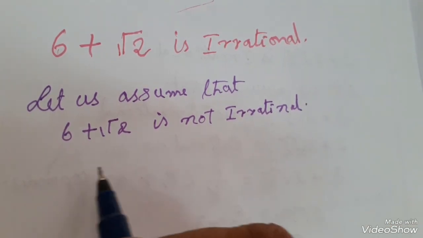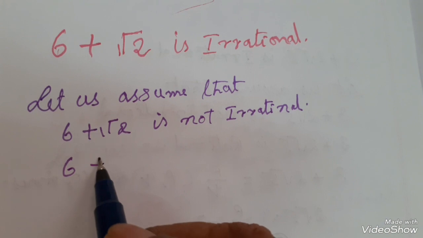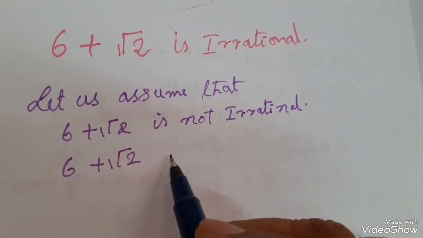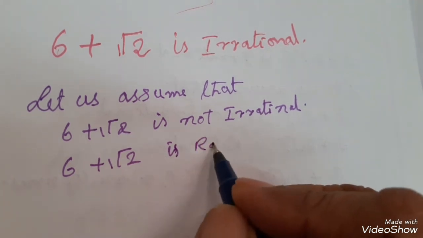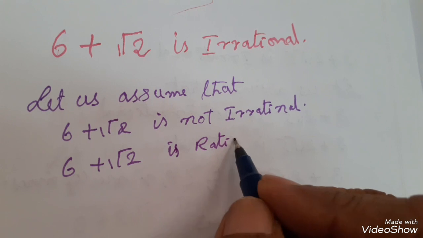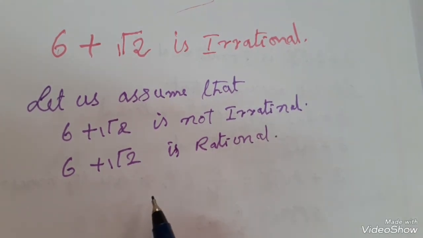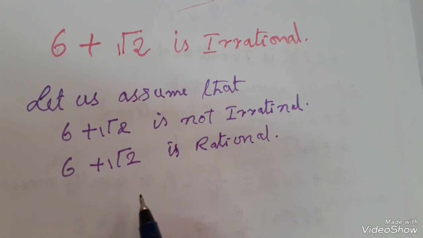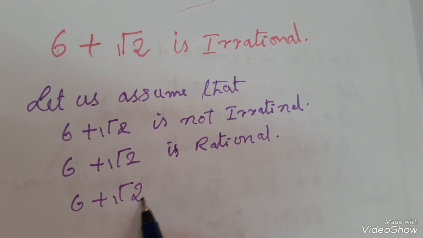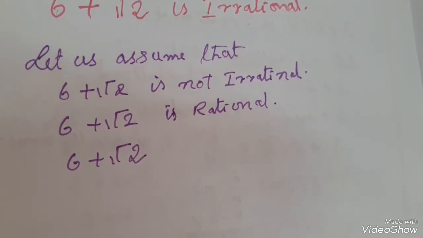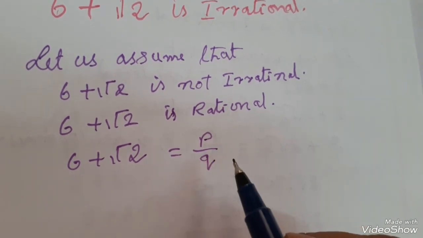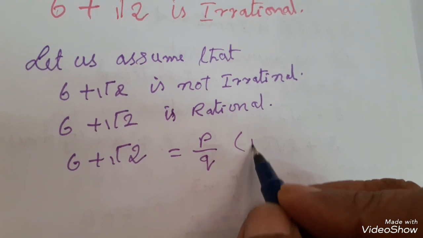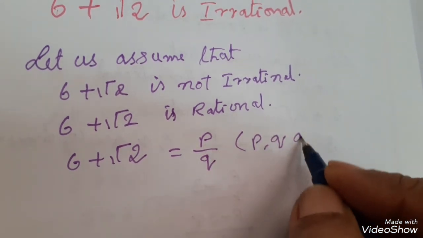If it is not irrational, then we can say 6 plus root 2 is rational. Any rational number we can express in P by Q form. So here 6 plus root 2 we can write in P by Q form, where P and Q are coprimes.